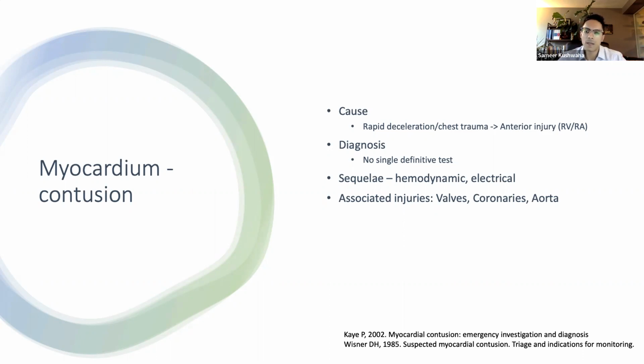The RV dysfunction can occur quite early on in the presentation of a trauma, and it can last for weeks afterwards. We can also see electrical instability that usually occurs within the first 24 to 48 hours, and these patients may have other associated valvular, coronary, or aortic injuries.